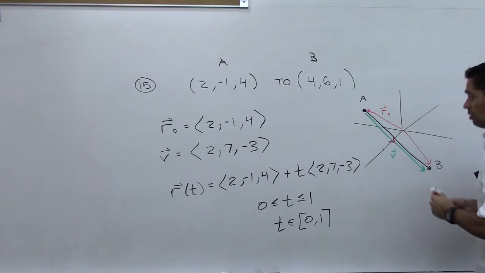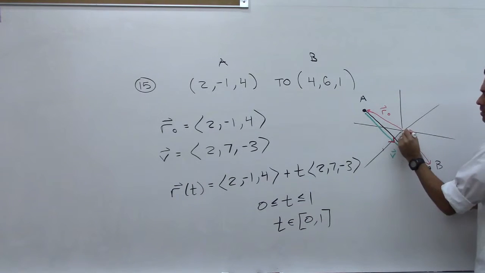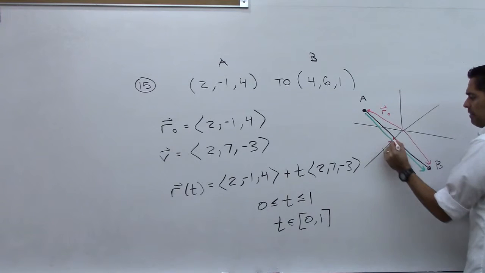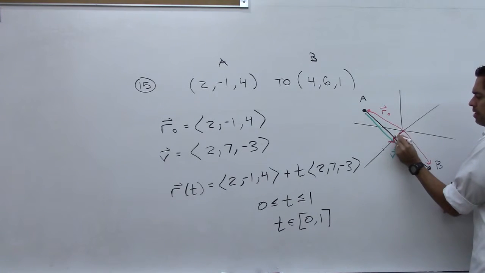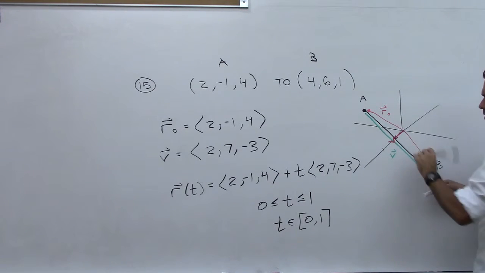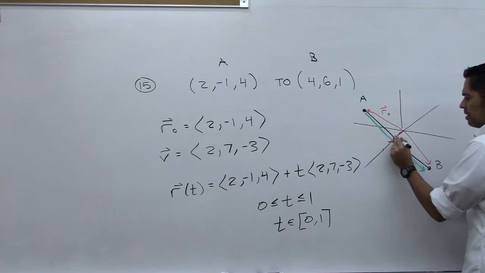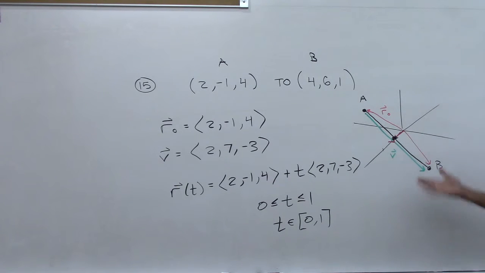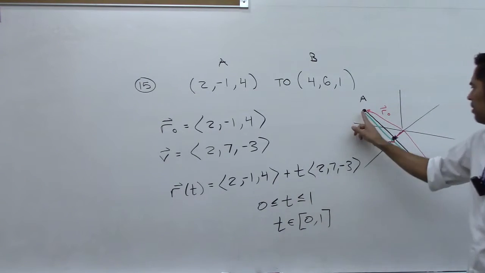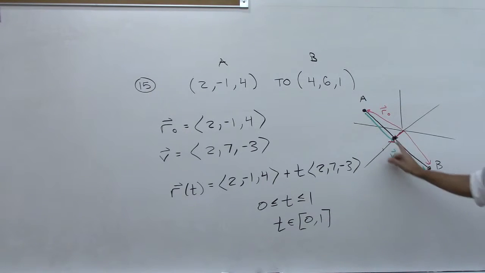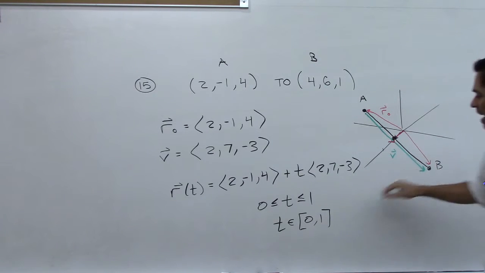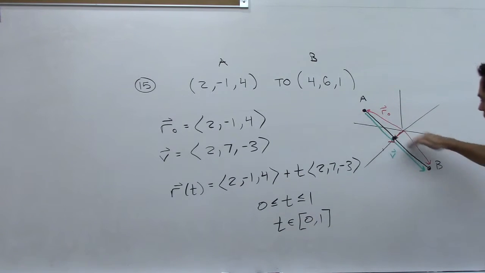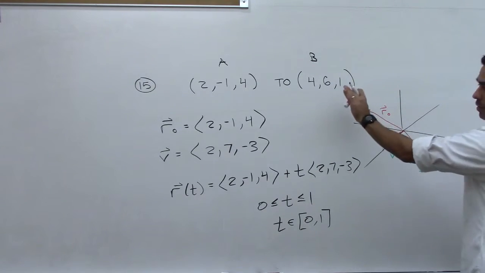And so the resultant vector starts at the origin, goes here, then goes halfway, and is from the origin to this point on the line segment right there. So you can see that if t was 0, you're here. If t is 1, you're here. If t is a half, you're here. If t is a quarter, you're here. If t is 3/4, you're here. And if t is everything between 0 and 1, it's going to draw the entire segment, but nothing further.